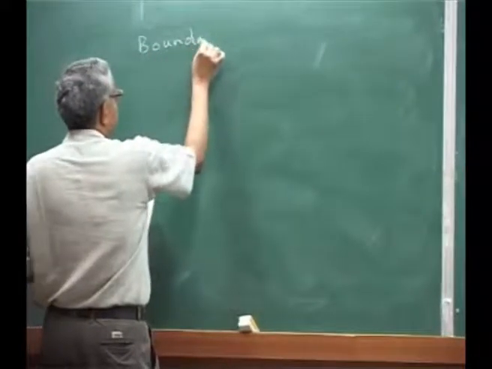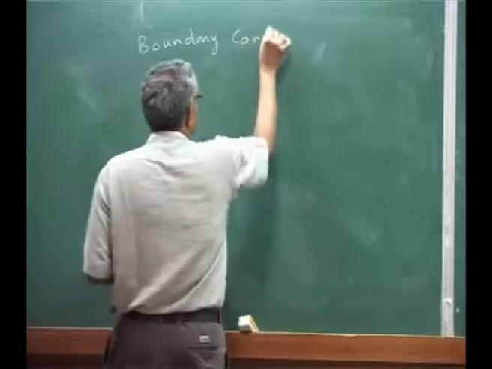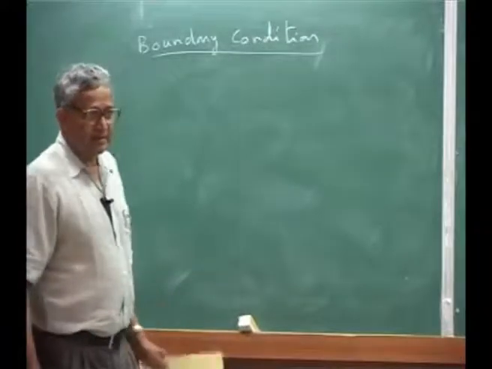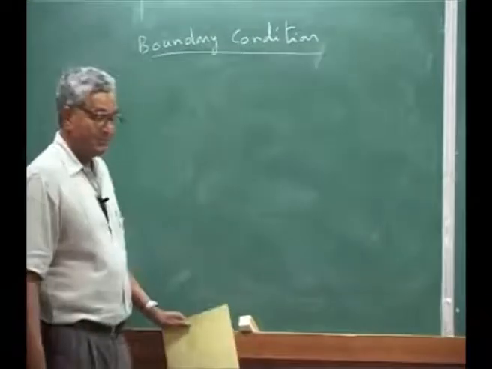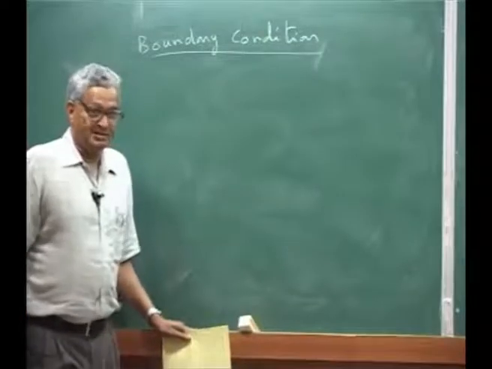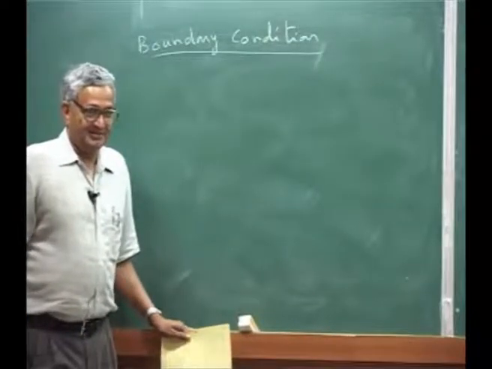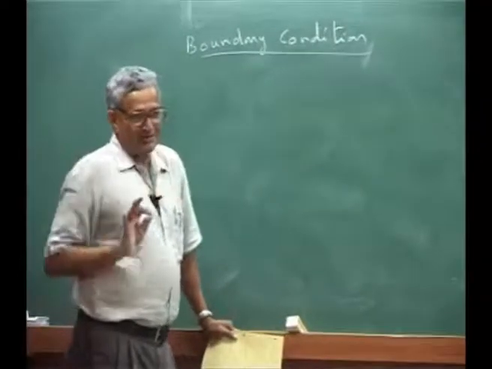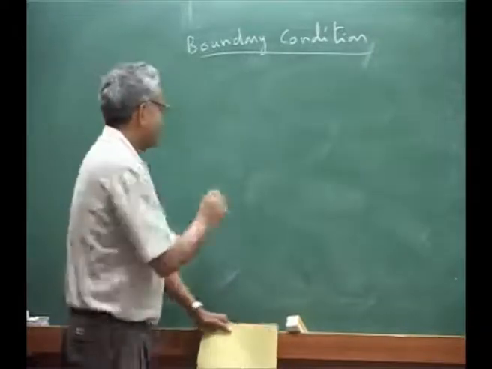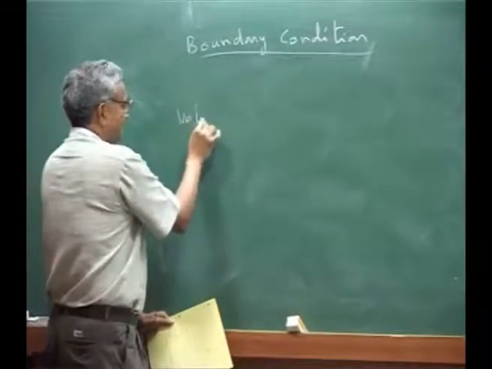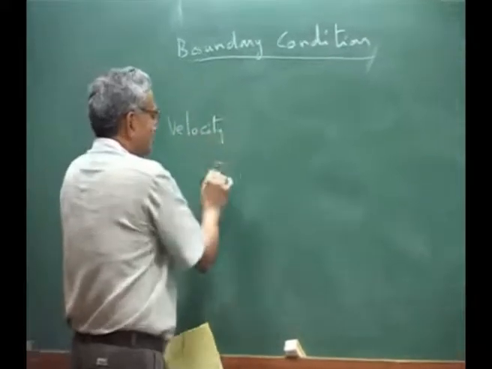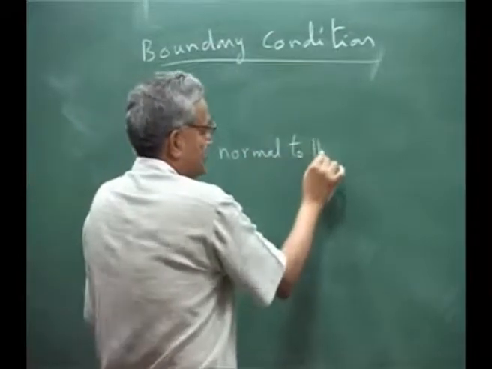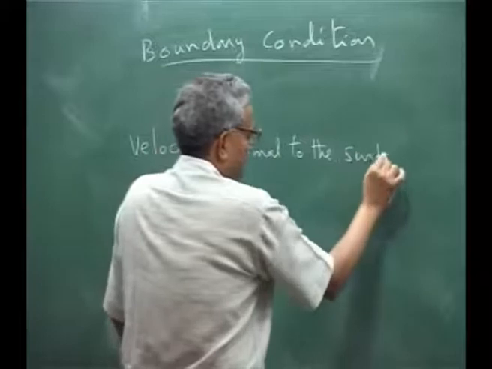I'll just briefly derive this today. Our boundary condition is flow normal to the body should have the same velocity. That is all. In the sense, velocity, please note that velocity normal to the surface of the body.